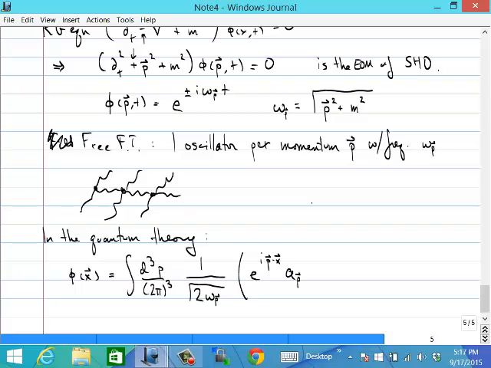Now, what I'm not going to assume is that a is a Hermitian operator, but phi is a Hermitian operator. So that means that in order for phi to be Hermitian, I need to add the Hermitian conjugate here. So I have to add e to the minus i p dot x times a_p dagger.